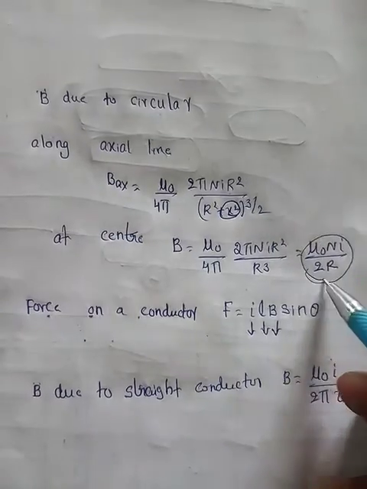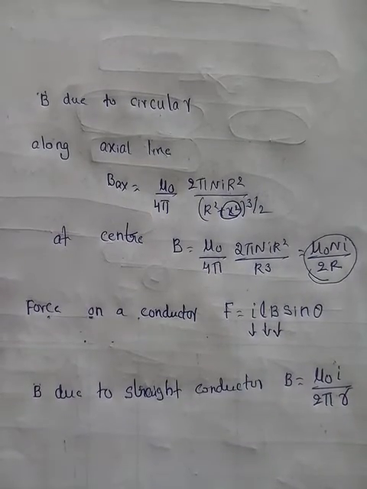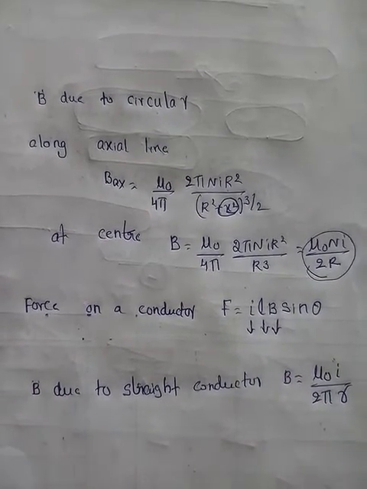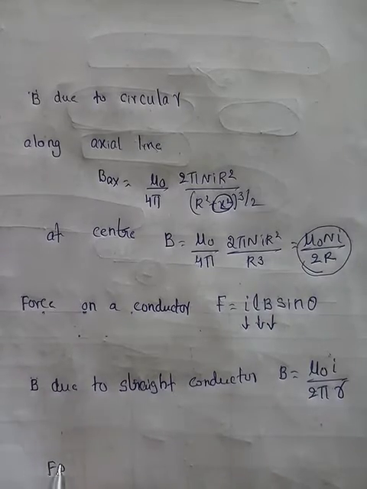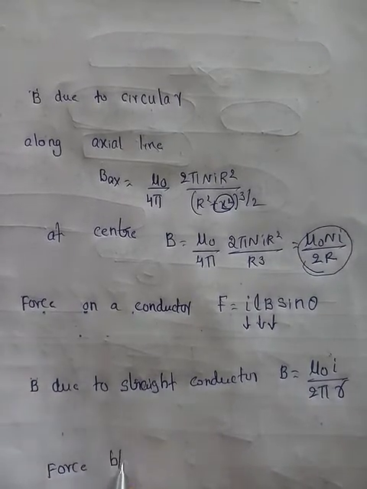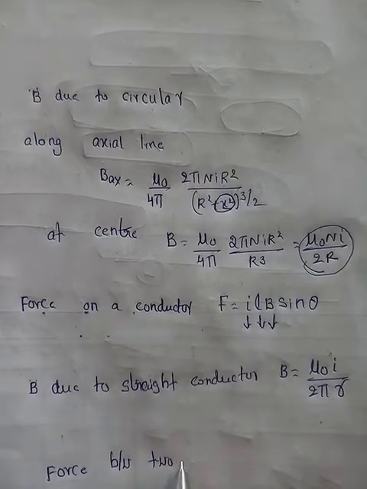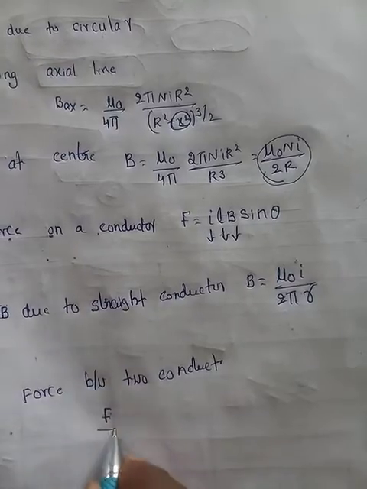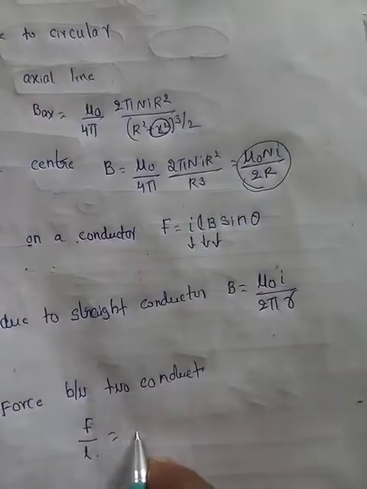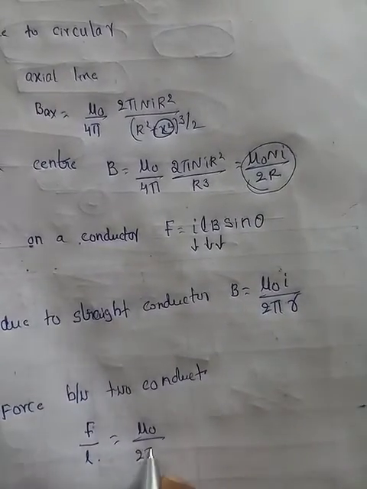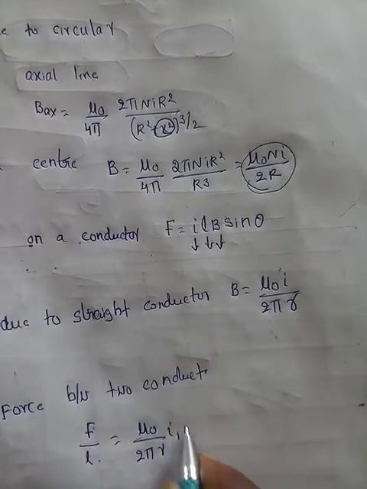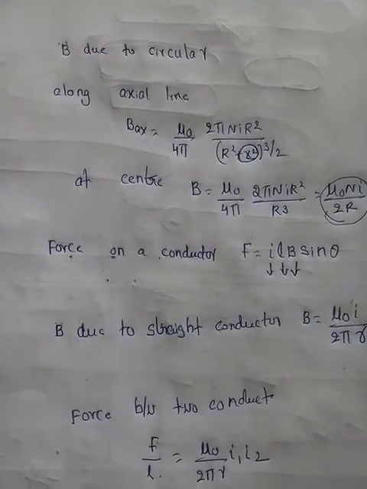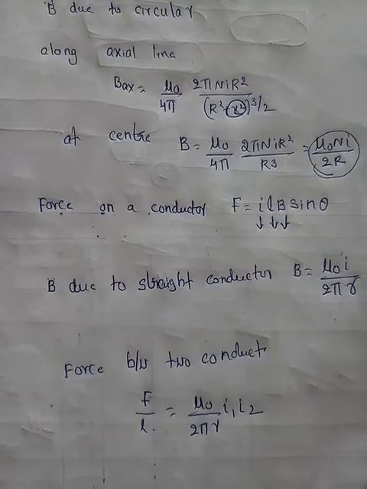Circular loop at the center is mu naught n I by 2r. Next one, force between two conductors. What is the force between two conductors? F by L is equal to mu naught I1 I2 by 2 pi r.